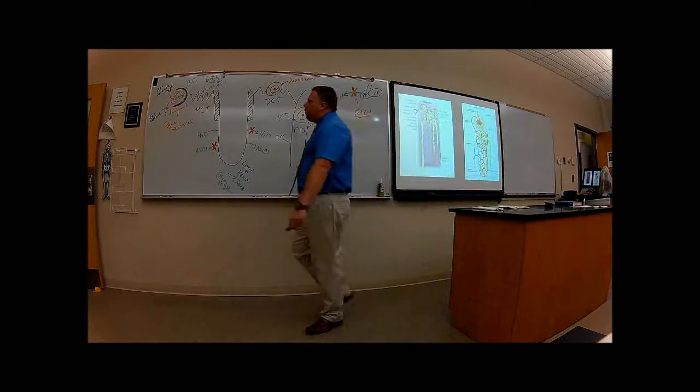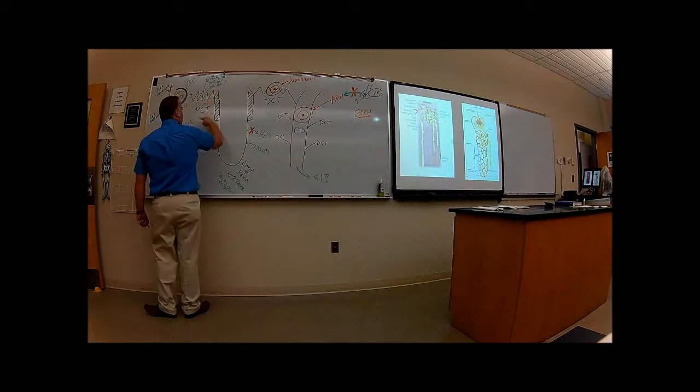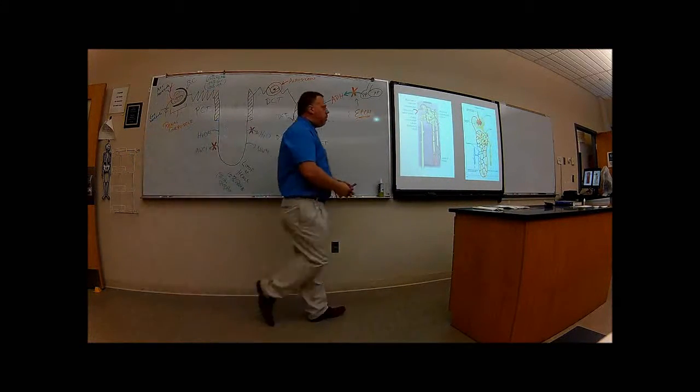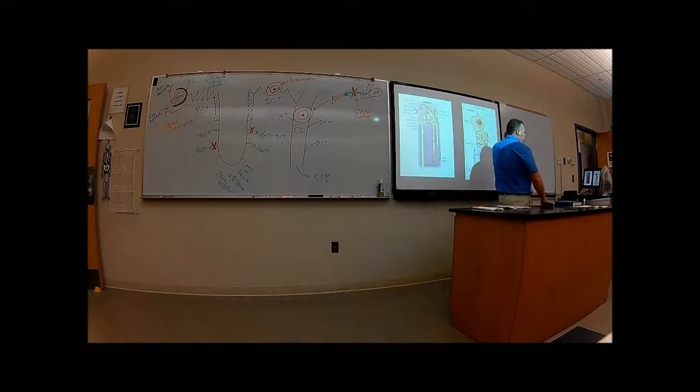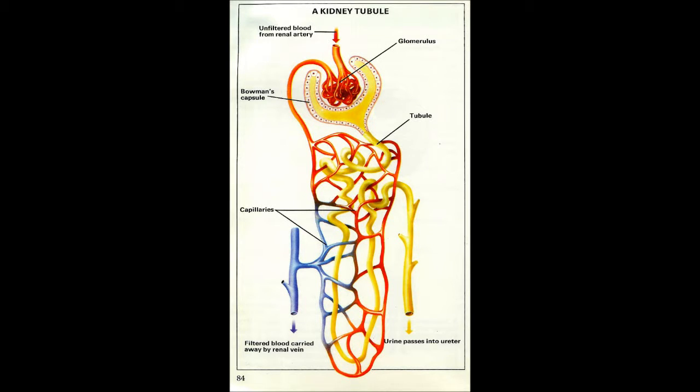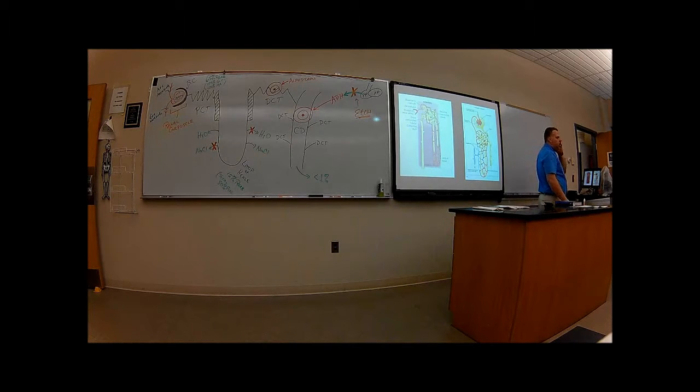Remember how I said the blood vessels, the capillaries, are going to be all around here. I didn't want to draw them because it would mess up my picture. Here's where you could actually see it a little bit better. All right?